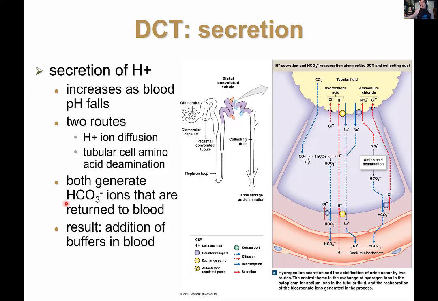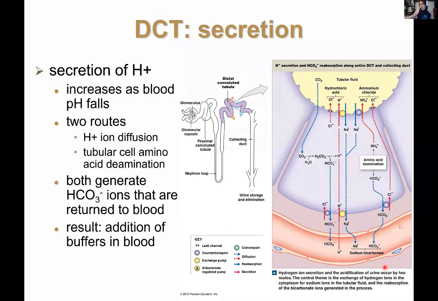They also both generate bicarbonate ions that are returned to the blood. So the benefit of performing this, where we have, here's the product of deamination. So you get NH2 being removed, and then some more protons jump on, creating NH4. And those are moved into the tubular fluid, creating ammonium chloride.